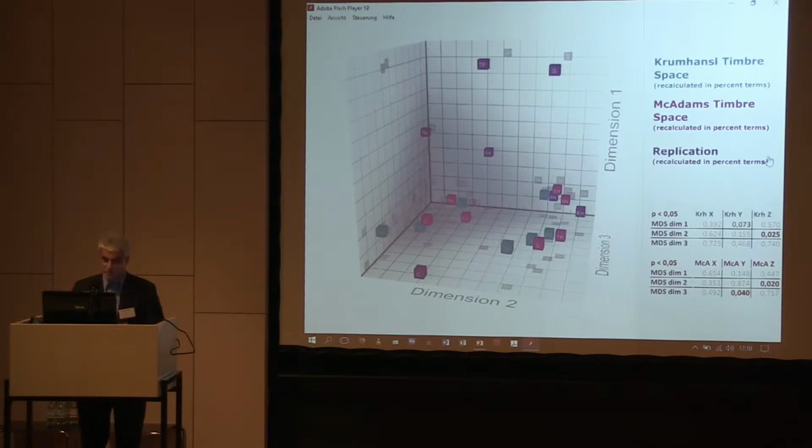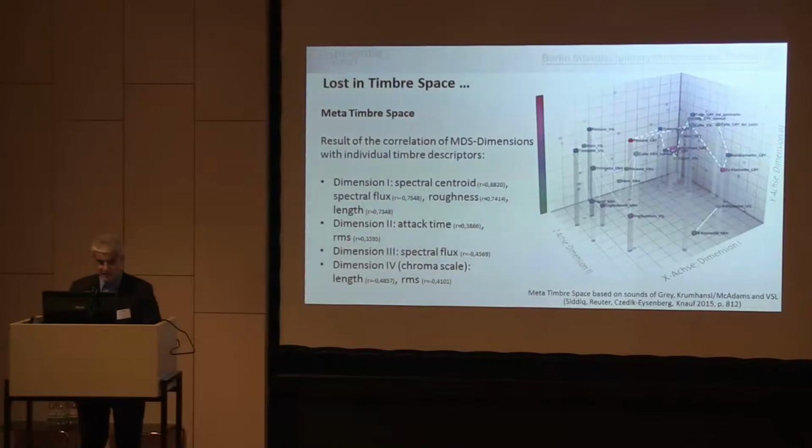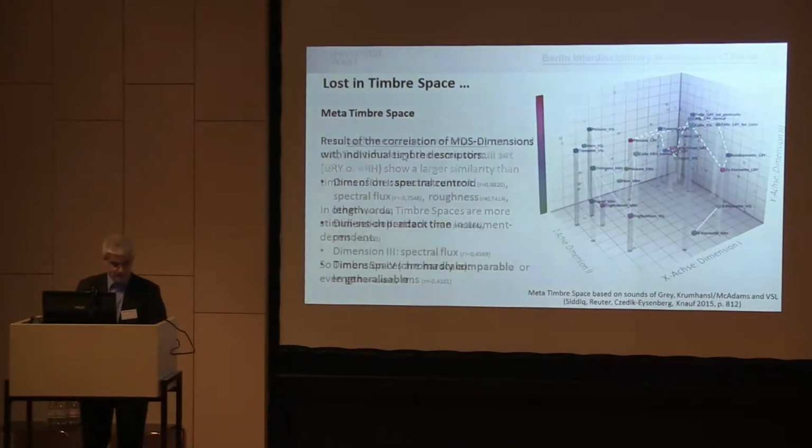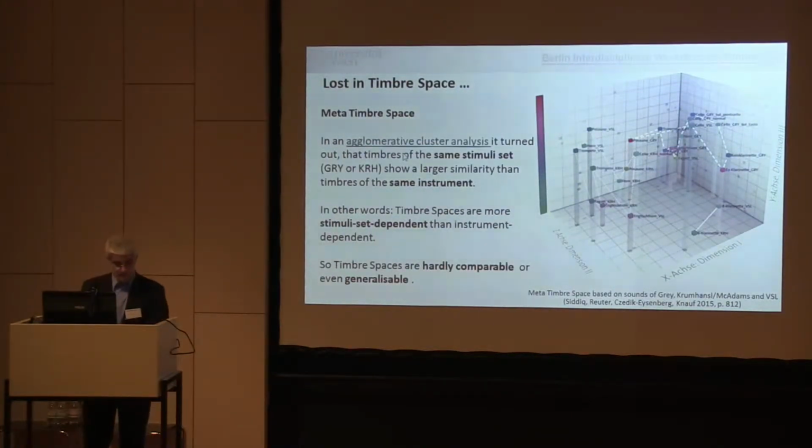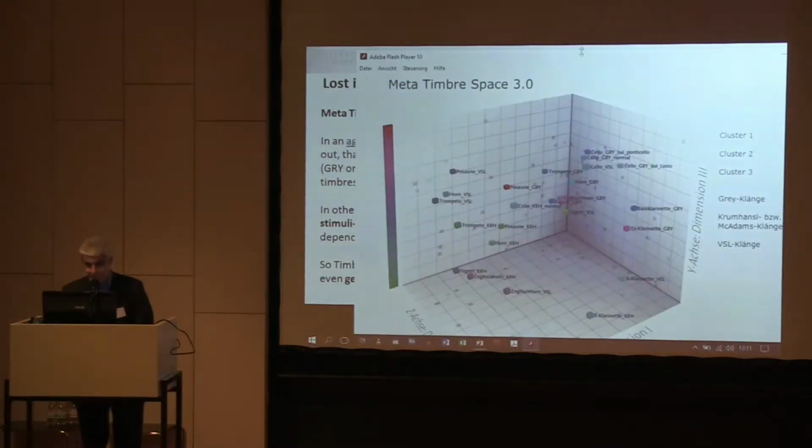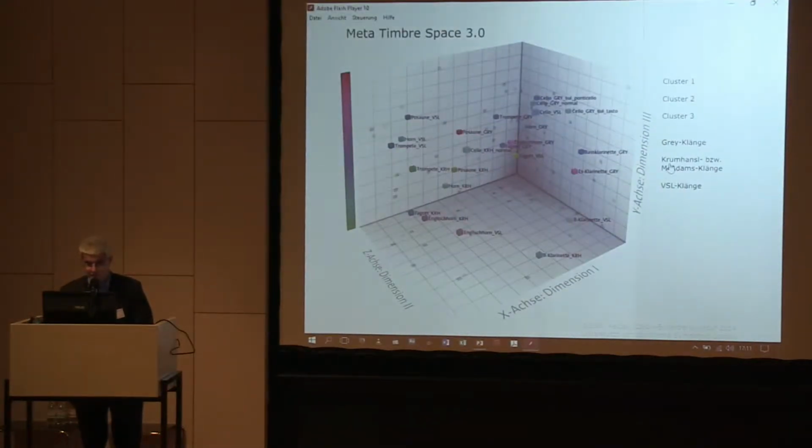So it was comparable to the original study. Nevertheless, when it comes to a synopsis of all stimuli in one timbre space, it turned out that timbres of the same author, as Grey, or timbres of Krumhansl and McAdams, show a larger similarity than timbres of the same instrument.